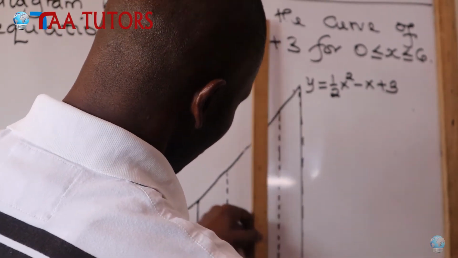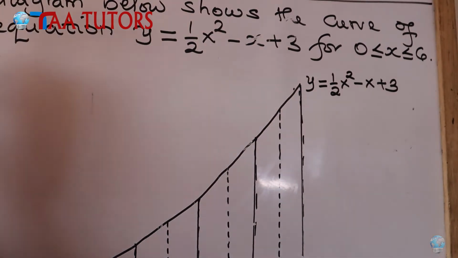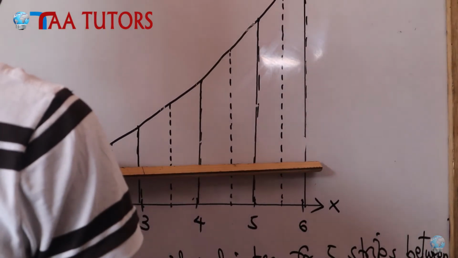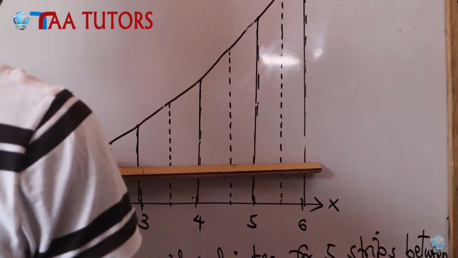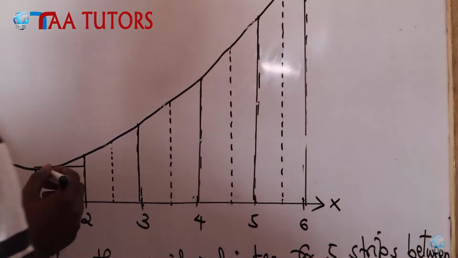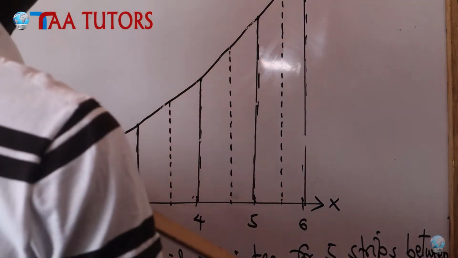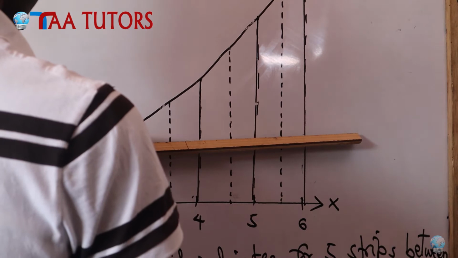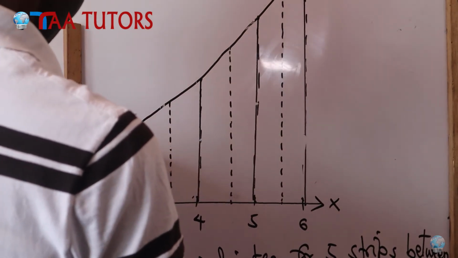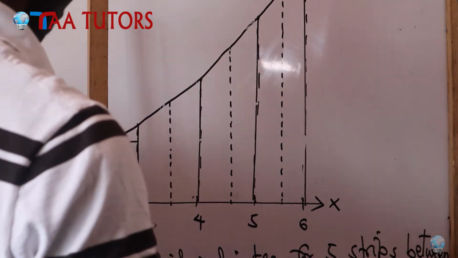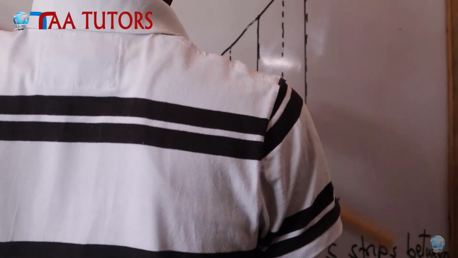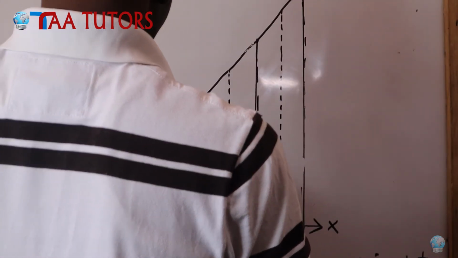Now if you are estimating the area, we need to draw with the mid-ordinates to show how the area will look. We can even tell whether we are going to overestimate or underestimate, although sometimes it's hard to tell. So this is how the mid-ordinates show the appearance of the diagram.